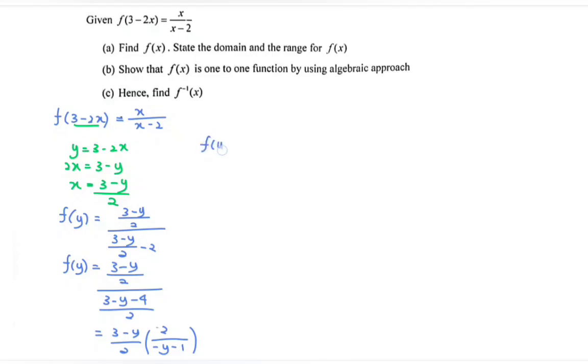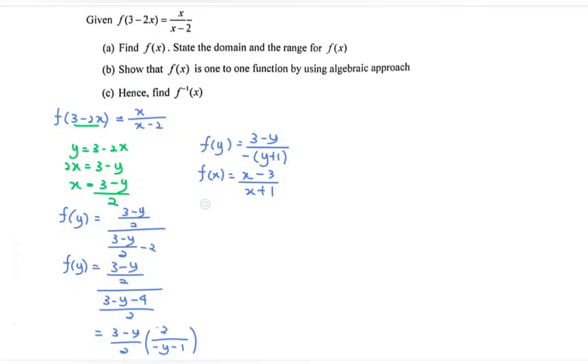We have f(y) equals (3 minus y) over negative (y plus 1). So find f(x). So f(x), where y minus 3 becomes x, so x minus 3 over x plus 1.